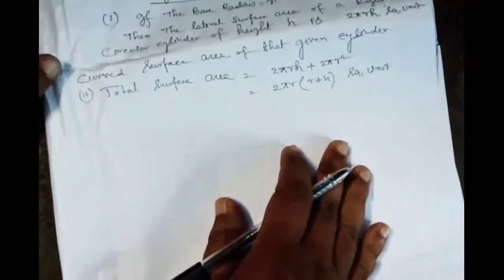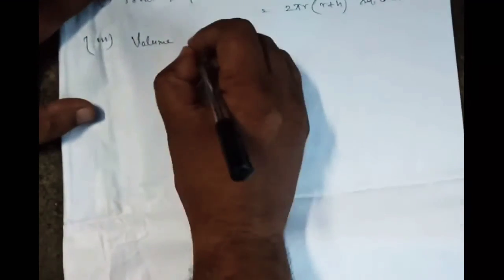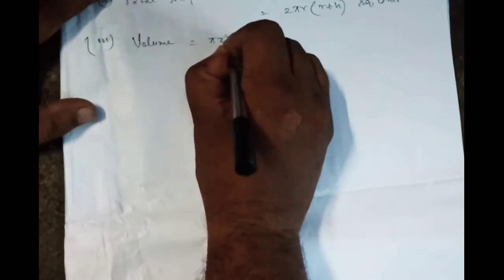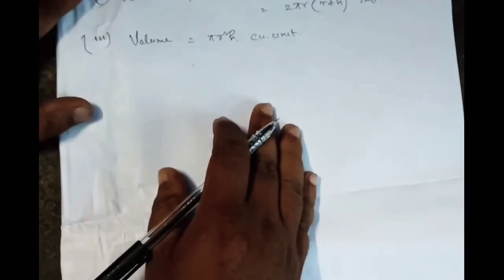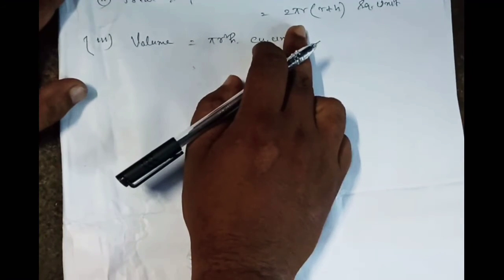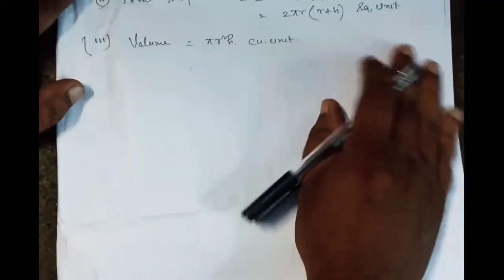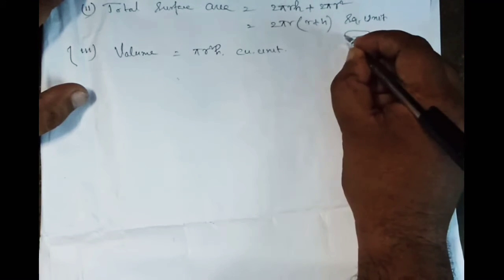Next, third, volume should be pi r square h cubic unit. So these things we have to remember for computing right circular cylinder related problems. And the shape of the right circular cylinder looks like this.